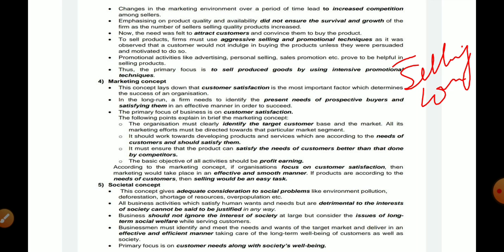A businessman must identify and meet the needs and wants of the target market and deliver in an effective and efficient manner, taking care of the customer. The primary focus of this concept is customer need along with society's well-being. Okay, so these are the philosophy of the marketing concept.